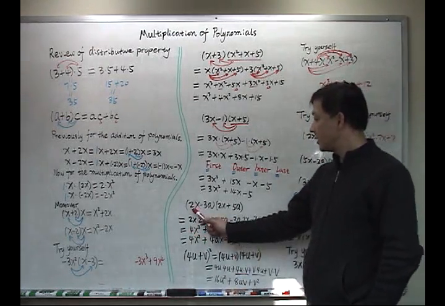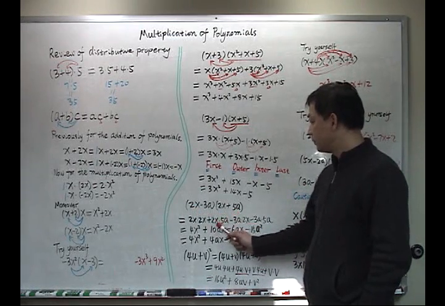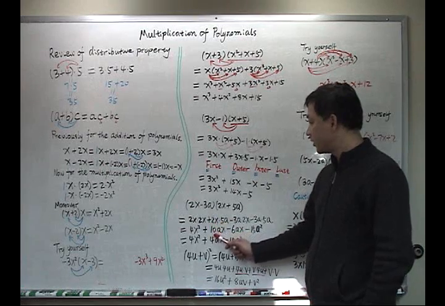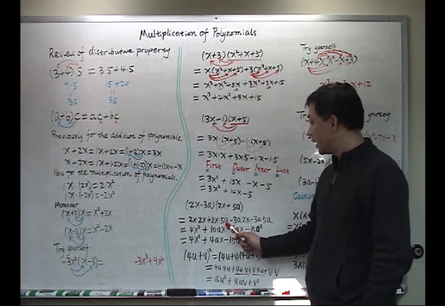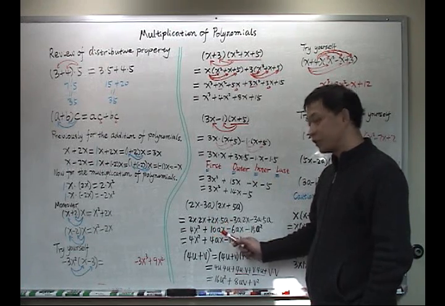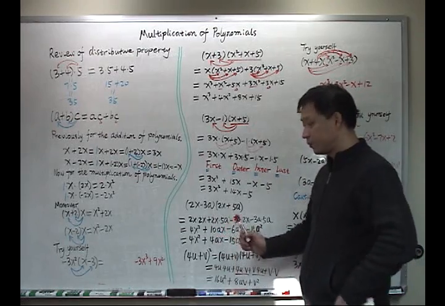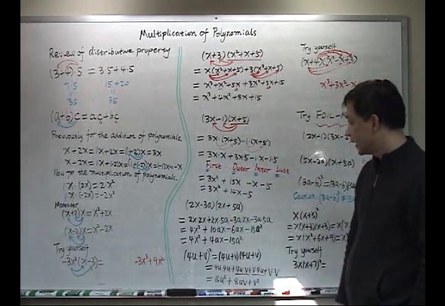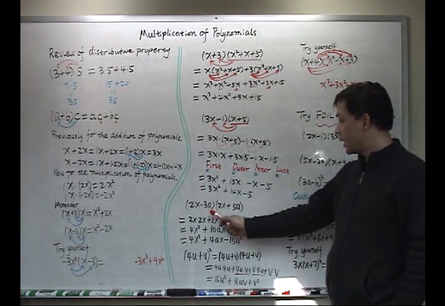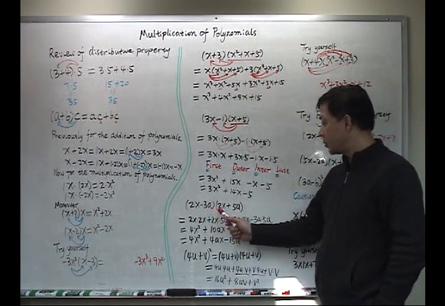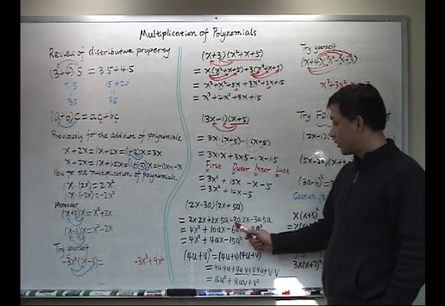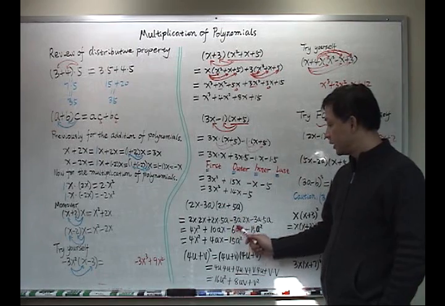Now the outer product is 2x times 5a. 2 times 5 is 10. x times a is also a times x. It is commutative. You can switch to ax. Now the inner product is -3a times 2x. 3 times 2 gives us 6. a times x is ax. Negative.